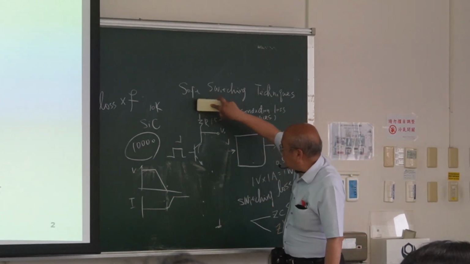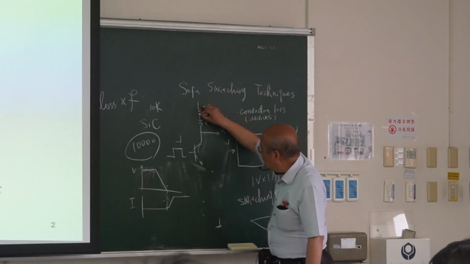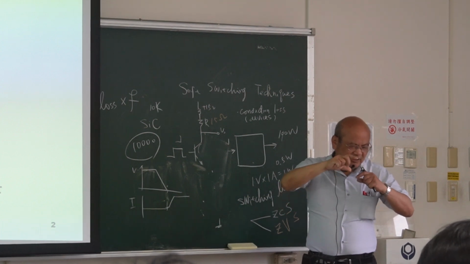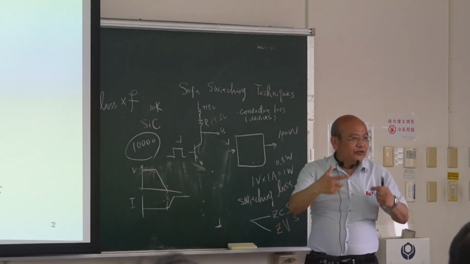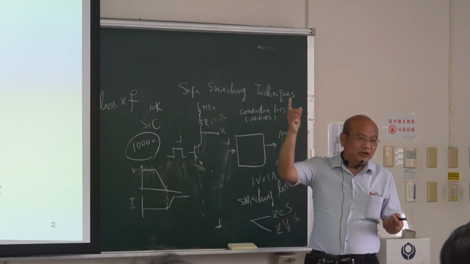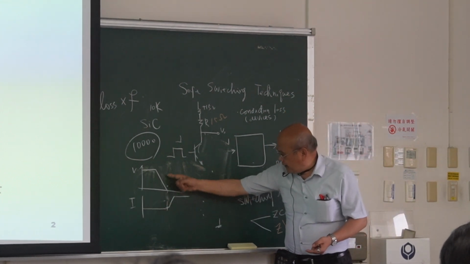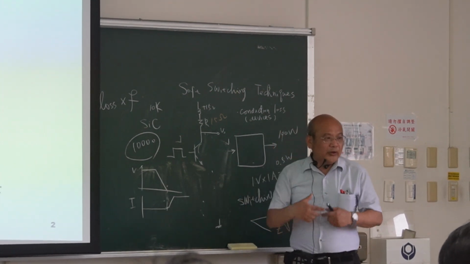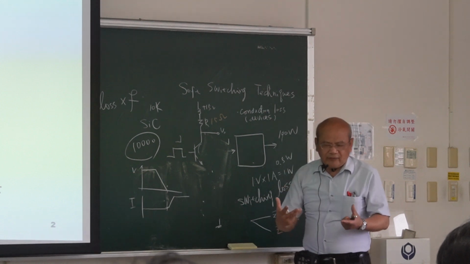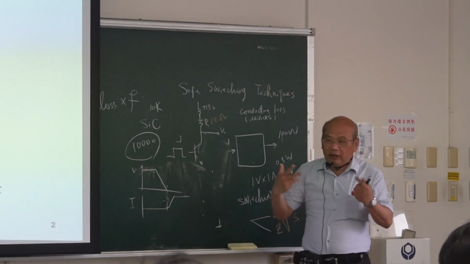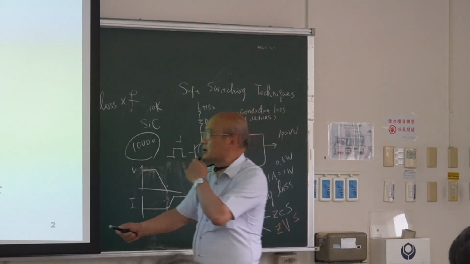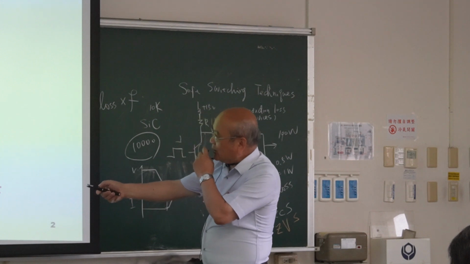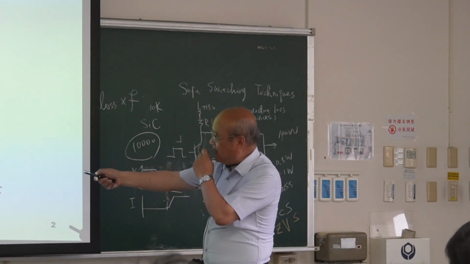I can put an inductor here. Because the inductor makes delay, the current is delayed a few microseconds, then the current increases. But at that moment, the current is 0. So when you turn on or when you turn off, the current is 0. Then you have voltage, but you have no loss. If you put a larger inductor, then the delay becomes larger.